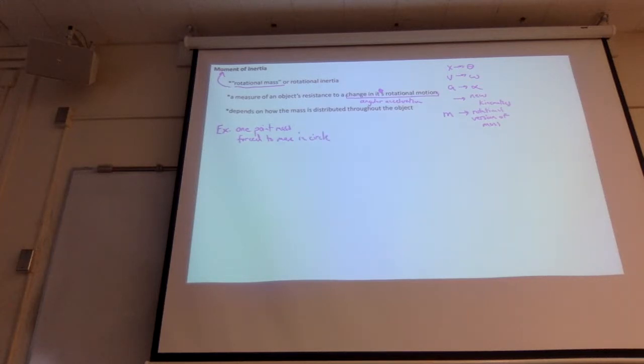I'm going to draw a diagram to show you what I mean. So we're going to say that this is an axis. We'll call it the axis of rotation. So we have moment of inertia and axis of rotation. It sounds like we're using fancy language all of a sudden for some reason.